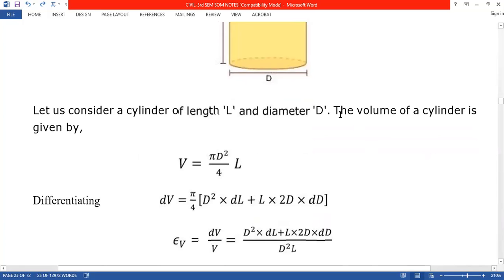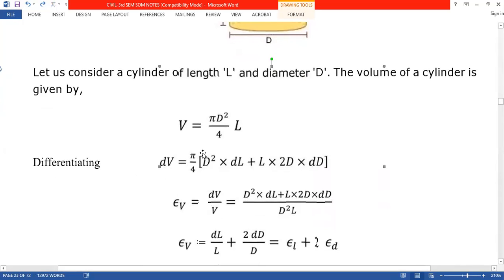Because of the circular cross-section, the area formula is pi d square by 4 and the length is L. So total volume V is equal to area into height, pi d square by 4 into L. Now differentiating, dV is equal to pi by 4 taken outside, d square into dl plus L into 2d into dd.